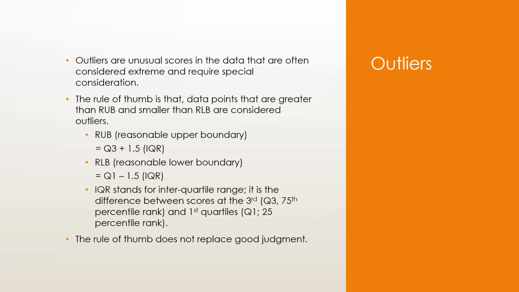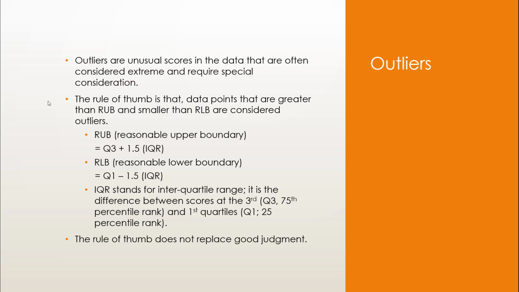Finally, let's talk about outliers. Outliers are unusual scores that are extreme and need special attention. There is a rule of thumb to identify them. Scores above the reasonable upper boundary or below the reasonable lower boundary are considered potential outliers.